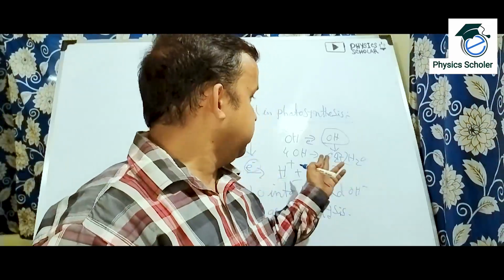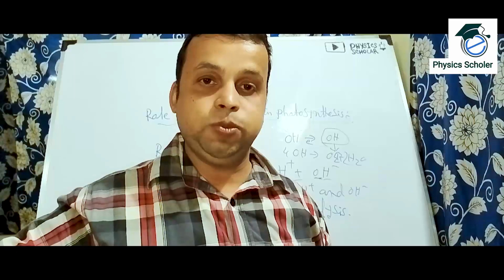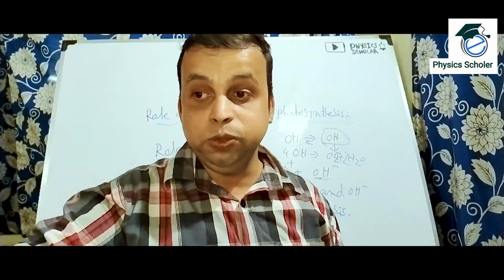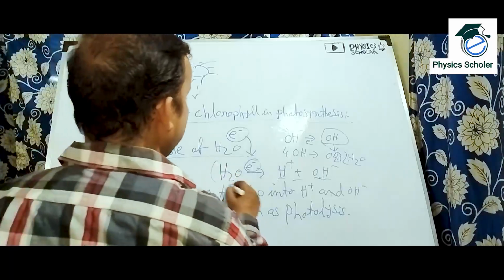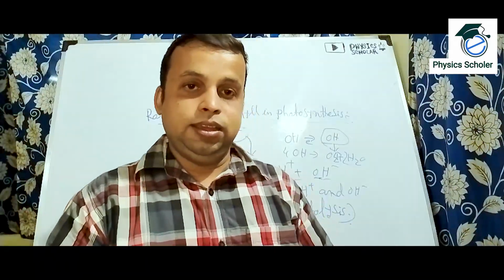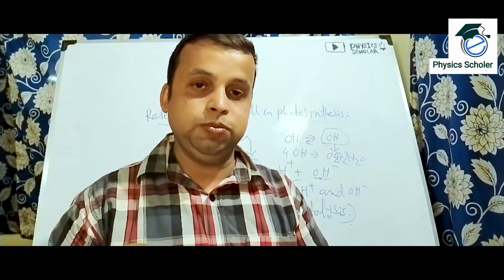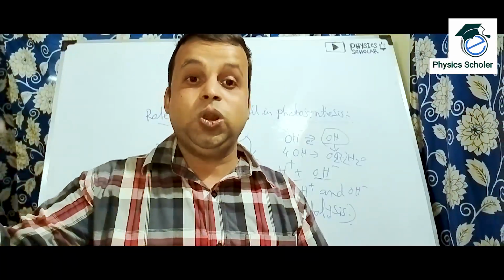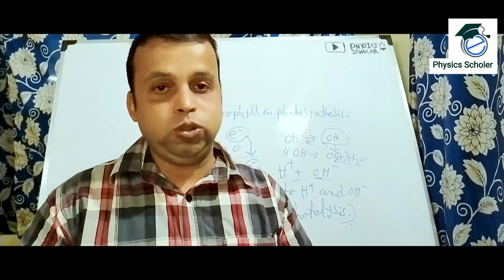So you can come to know that the source of the oxygen produced during photosynthesis is the water used in photosynthesis. This is the role of water. So what is the role of water? The water will be split into H plus and OH minus ion by the energy from the energized electrons emitted by the chlorophyll.